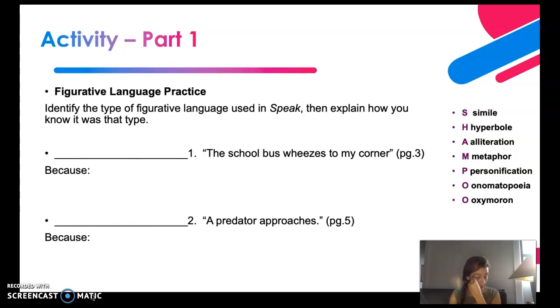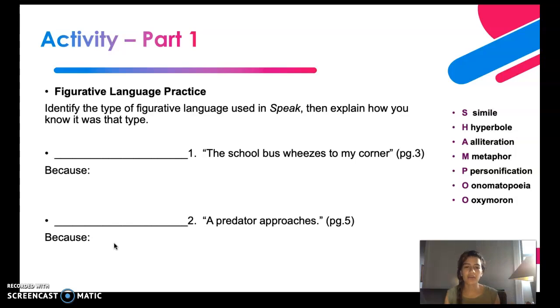So yes, this could be tricky, but that's what you're going to be working on today. Now, also, if we look at the context, that's how it starts. The school bus wheezes to my corner. The door opens and I step up. Okay. All right, very good. So I'd like you now to get to your groups, read your parts, and figure out number 2.